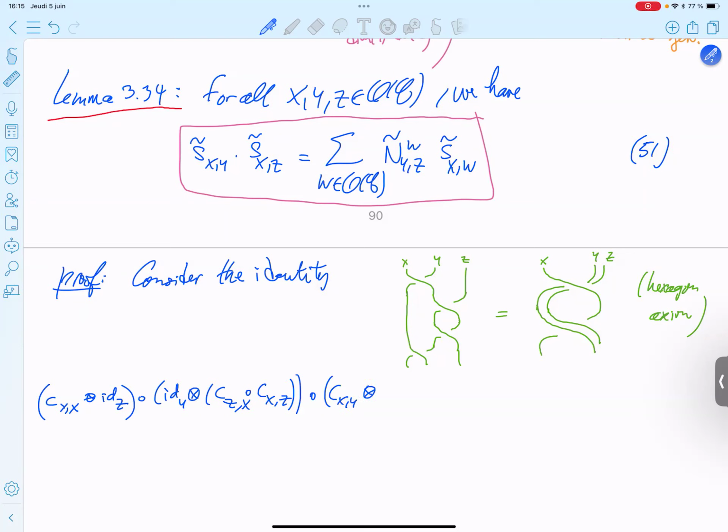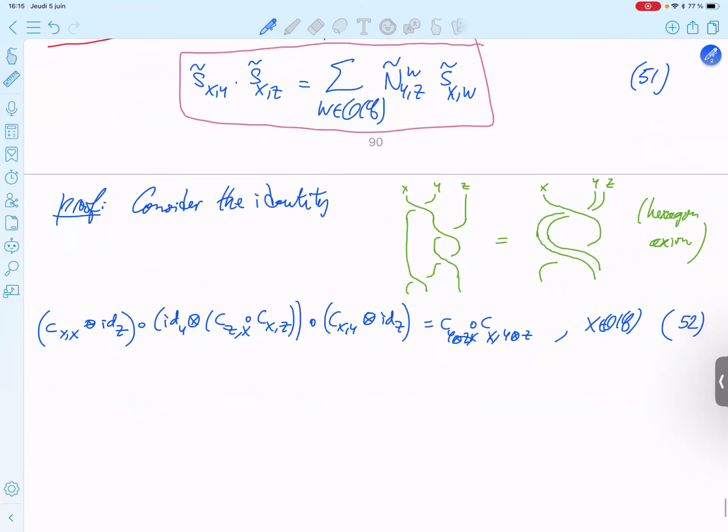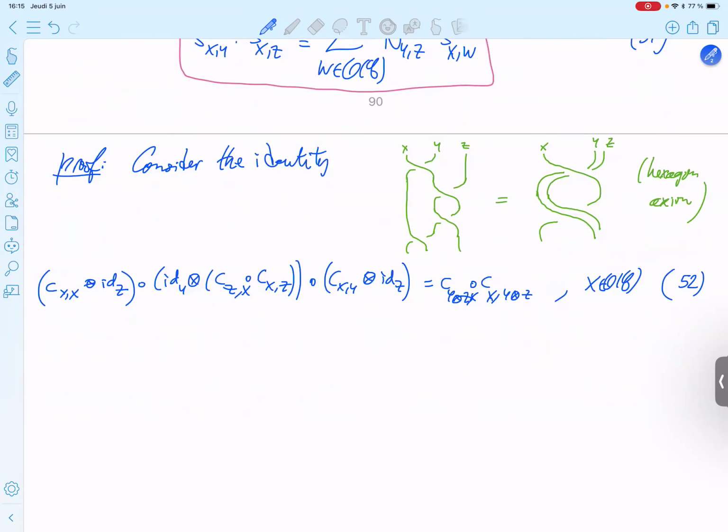C_XY composed with tensor identity of Z equals C_{Y tensor Z, X} composed with the other braiding, X, Y tensor Z, X simple. And this is equation 52. Now, we will not need this non-pictorial reformulation because we will do everything pictorially.